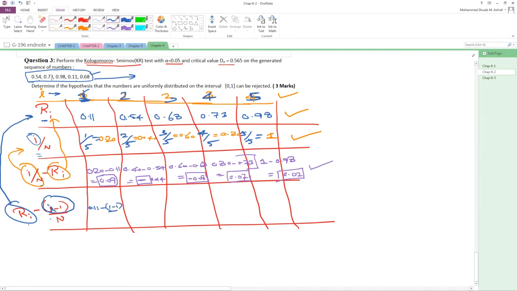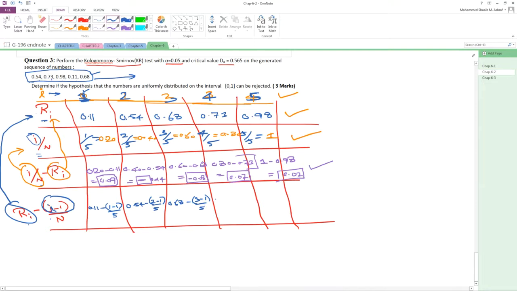Then minus 1 divided by n. n is how many numbers are present? 5. Next box: R I is 0.54 minus, I is 2, minus 1 divided by 5. Here 0.68 minus, I is 3, minus 1 divided by n, which is 5.